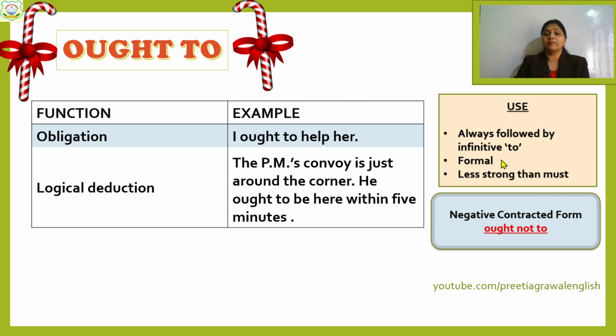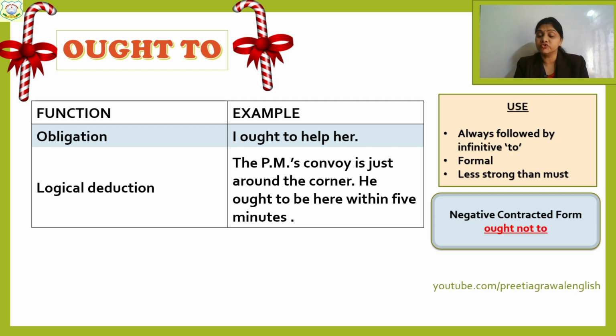The use of ought to is formal. Whenever you are using ought to, the sentence has a situation that is less strong than must.